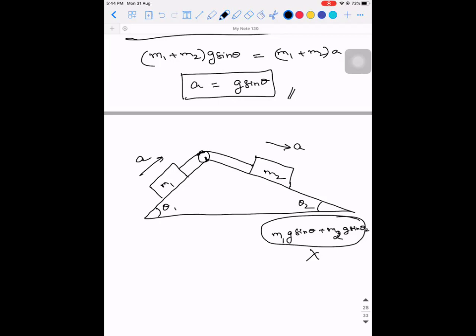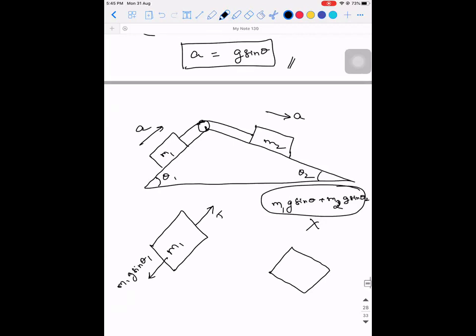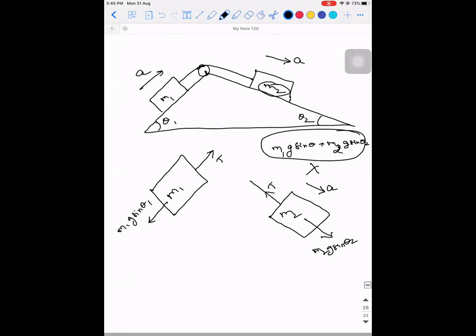Okay. So for m1, what is the free body diagram? It is m1g sine theta 1, and here it is T. Similarly, for m2, it will be m2g sine theta 2, and this direction will be T. Sir, why m2g only? For the second block, only mg cos theta should come, no, sir.